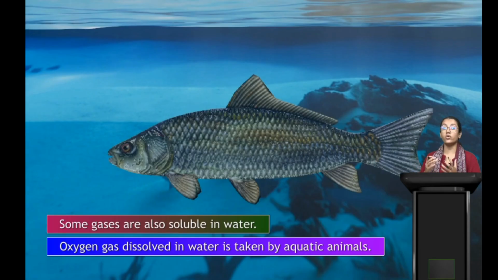So some gases, like oxygen, are soluble in water. From the dissolved oxygen, aquatic animals are able to collect their oxygen for respiration. Clear, everyone?